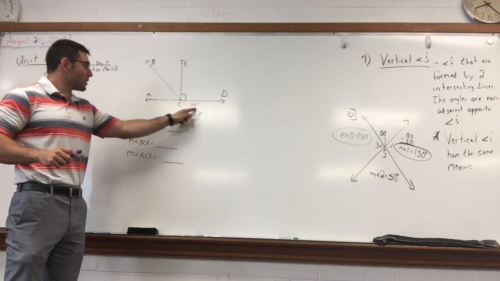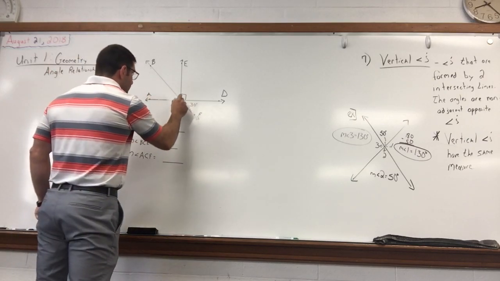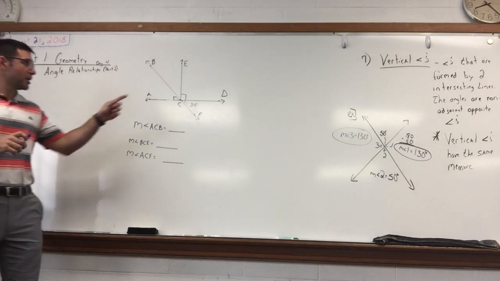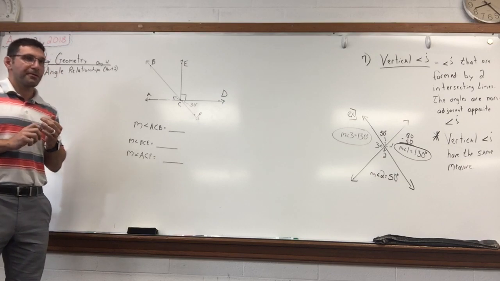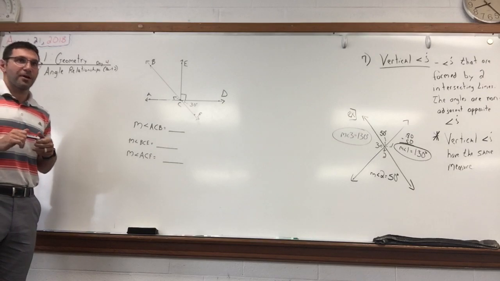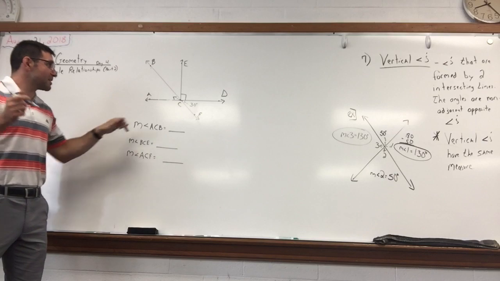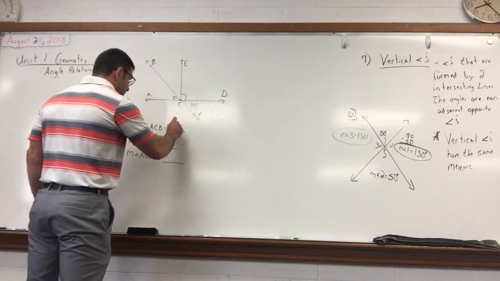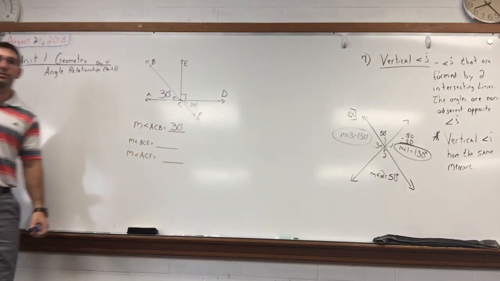Is there an angle directly opposite of 30 degrees? It's over here, right? What angle is vertical of 30 degrees, Luke? Which one of these three is vertical of 30 degrees? Angle ACB. So what does the measure of angle ACB have to be? 30 degrees. Once I've got that, guess what I'm going to write up there? I'm going to write 30 degrees.